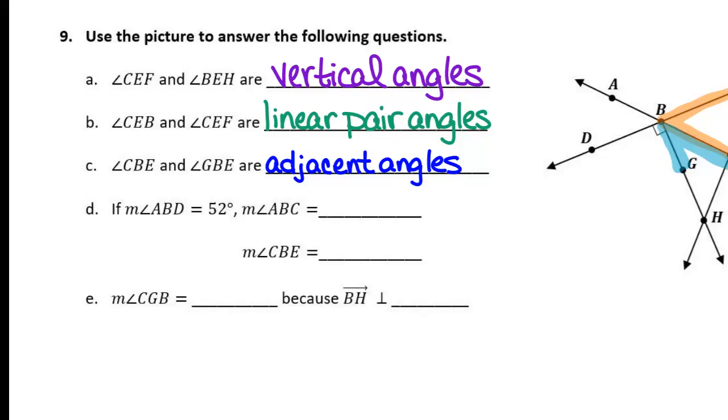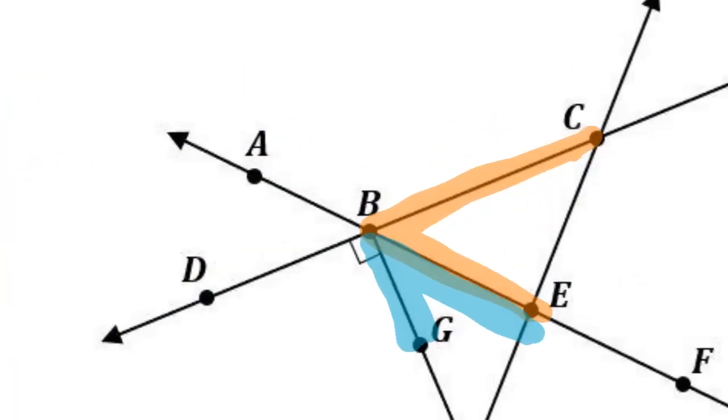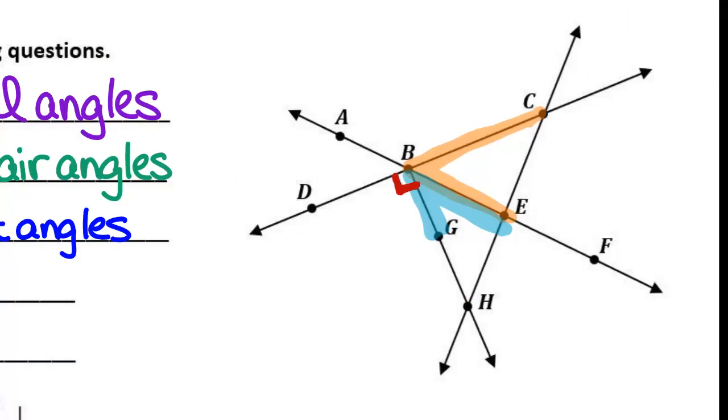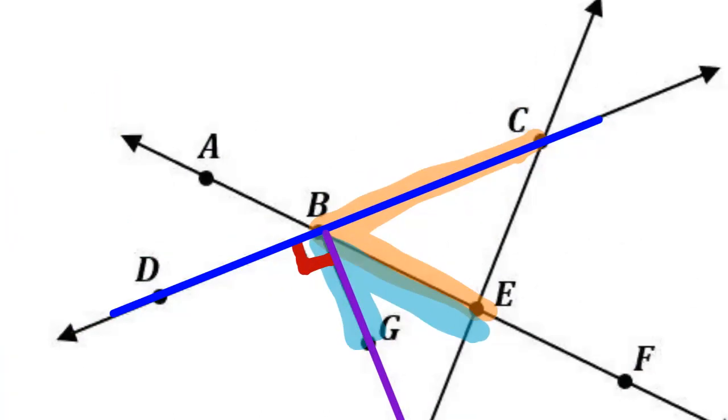So I noticed something just on the other side of those two angles. There's this little box in the corner here. And that box is being formed by these two lines right here and here. This and this. So what would be true about these two angles put together?